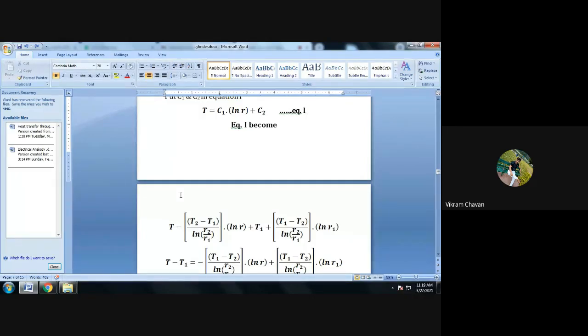Equation Roman 1 is T is equal to C1 multiplied by ln of R plus C2.